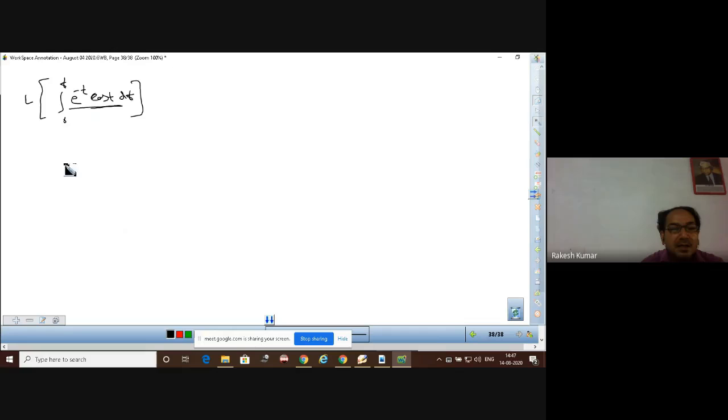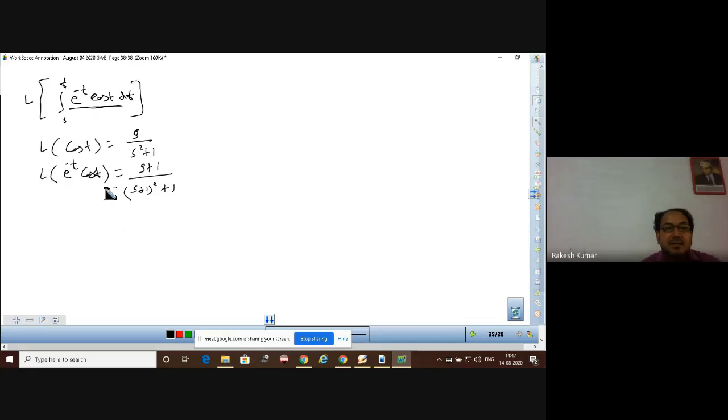But we have to find out the Laplace of this complete function one by one. First of all, let us write down the formula of Laplace of cos t, that is s upon s square plus 1. Now you can apply the shifting theorem, e raised to power minus t into cos t. And then the Laplace becomes s plus 1 over s plus 1 whole square plus 1.